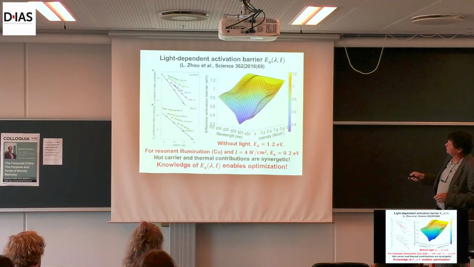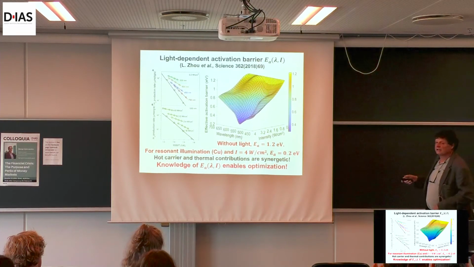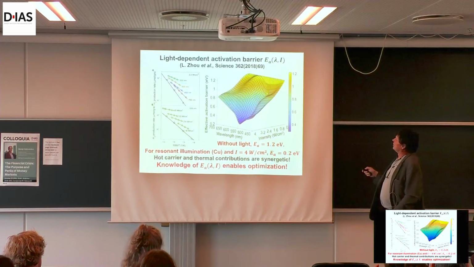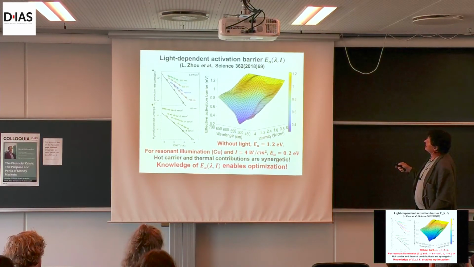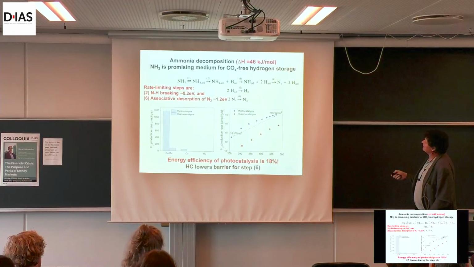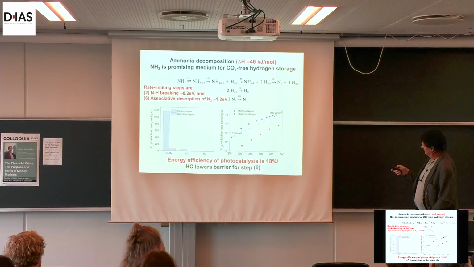Here is now a 2D contour showing the effective activation energy for this chemical reaction as a function of light intensity and light wavelength. So if you go here in the dark, with light intensity 0, the activation energy is 1.2. That's the associative desorption.